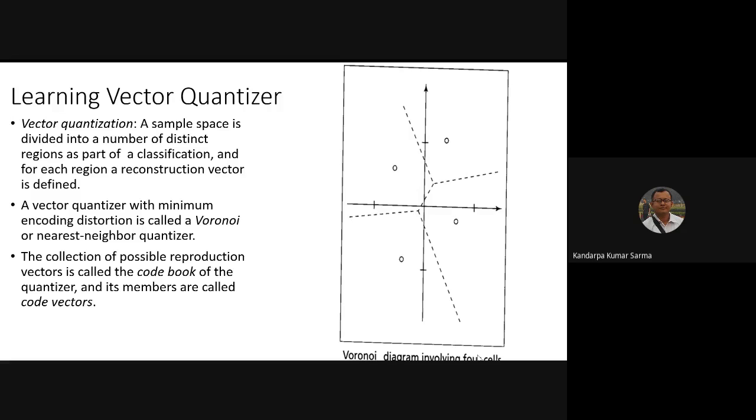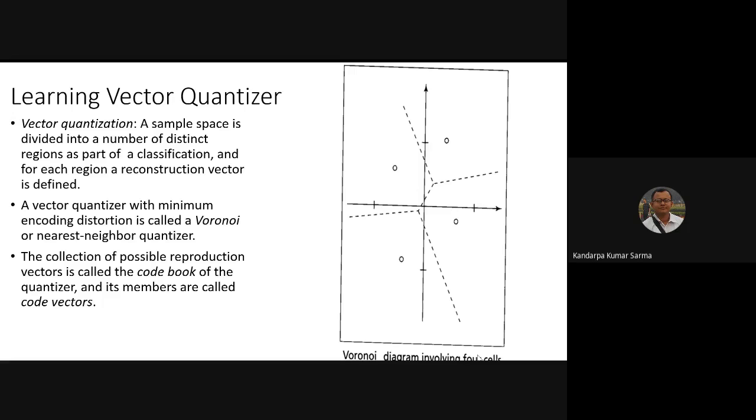Now, learning vector quantization is based on the learning vector quantizer. First we should refer to the term vector quantization. Vector quantization is linked to a sample space that is subdivided into a number of distinct regions that can be a part of a classification or regression process. And for each such region, a reconstruction vector is defined.